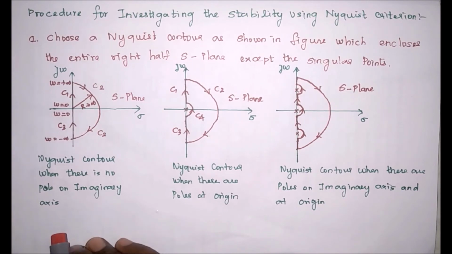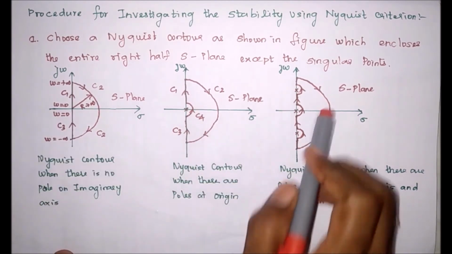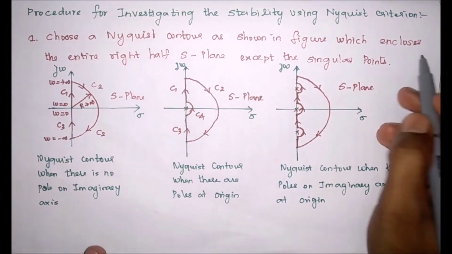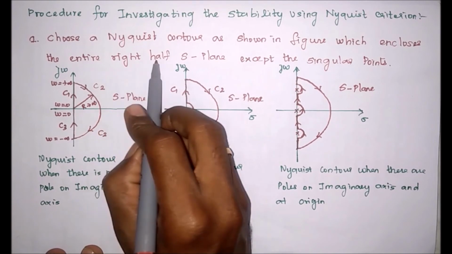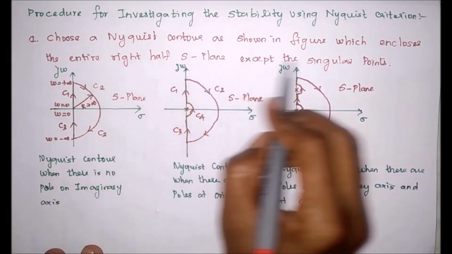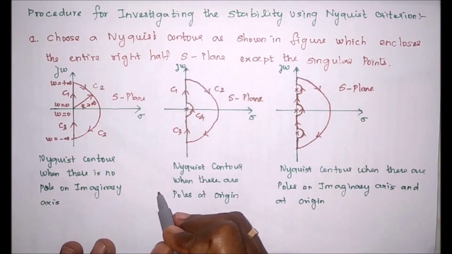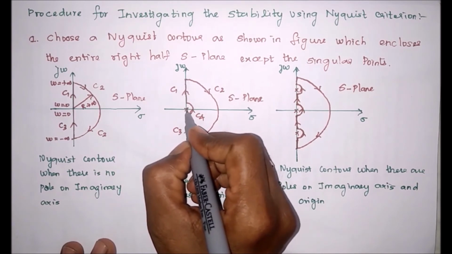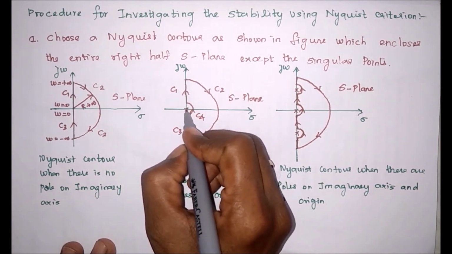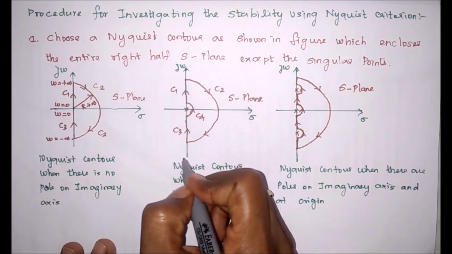So step 1. We have to choose a Nyquist contour as shown in the figure. There are 3 figures which enclose the entire right half S-plane except the singular points. Singular points may be at the origin or on the imaginary axis.